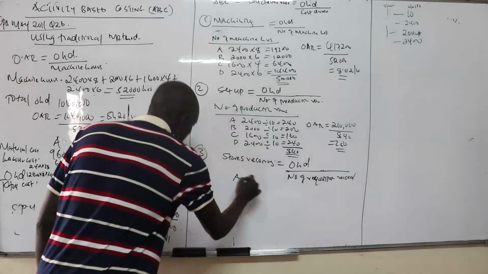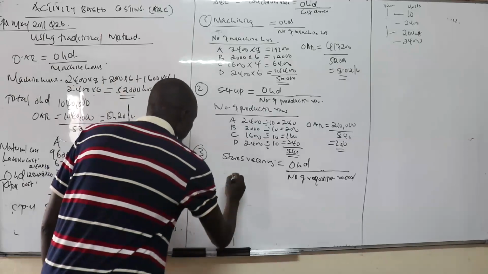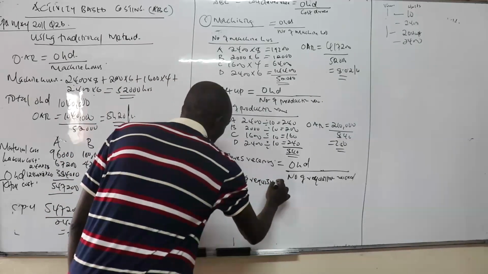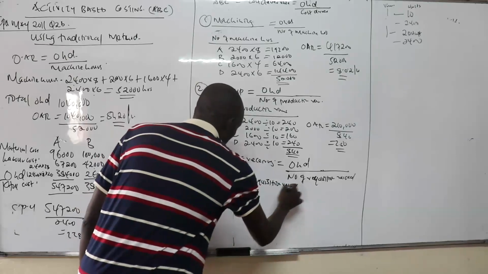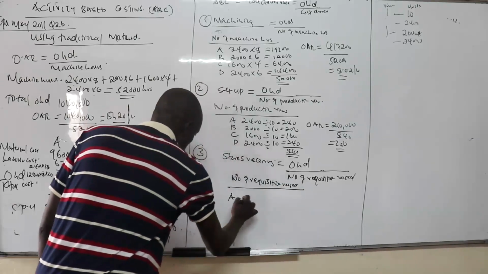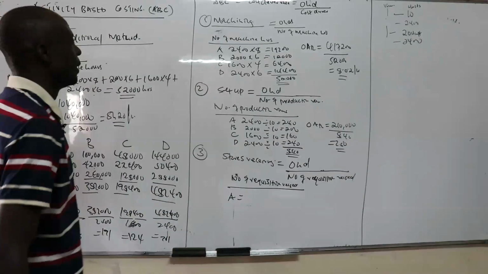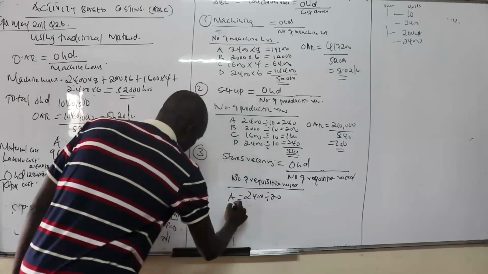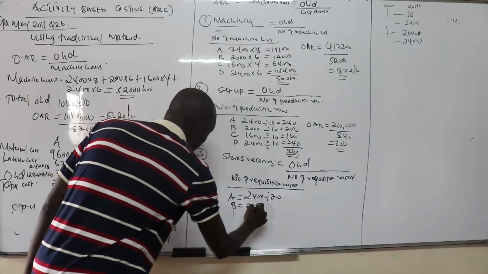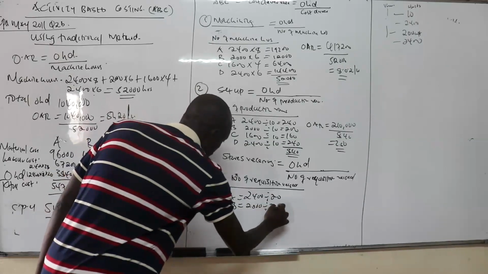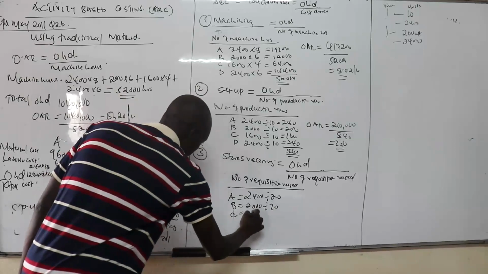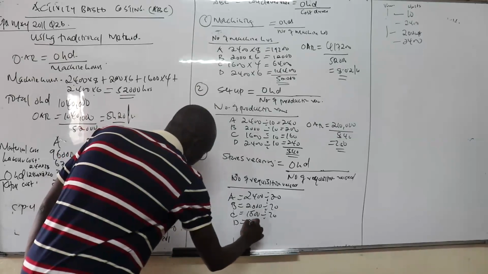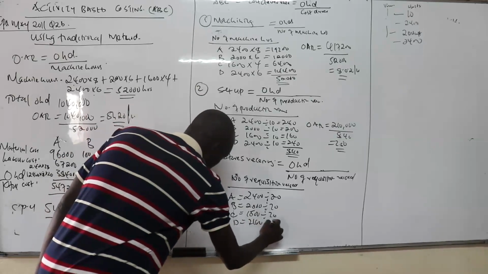Here we write number of requisitions raised. Product A is 2,400 divided by 20. Product B, 2,000 divided by 20. Product C, 1,600 divided by 20. Product D, 2,400 divided by 20.